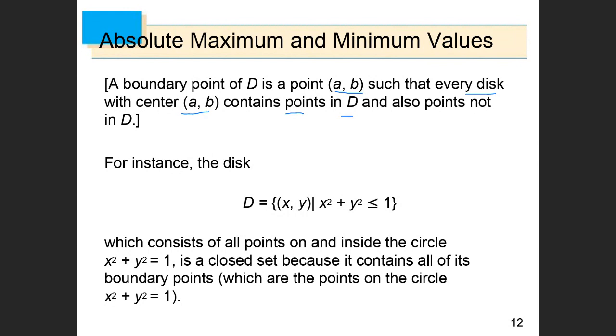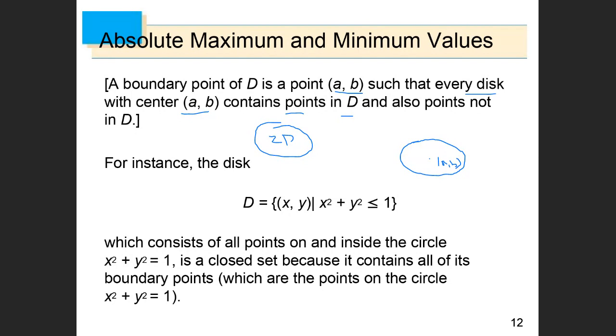Since we are here talking about two-dimensional domains, a boundary point of D is a point (a, b) such that every disk with center (a, b), so suppose this is the disk and its center is the point (a, b), contains points in D, okay, and also points not in D.